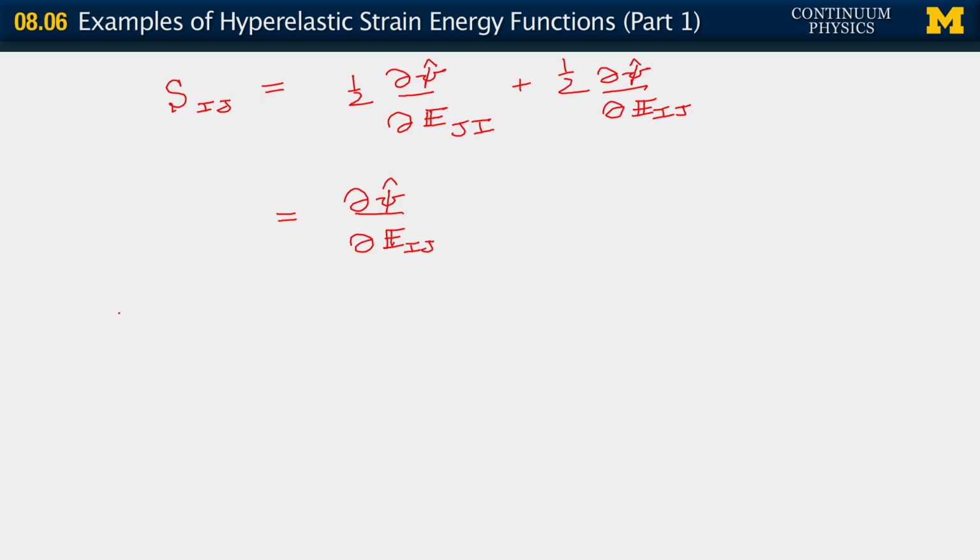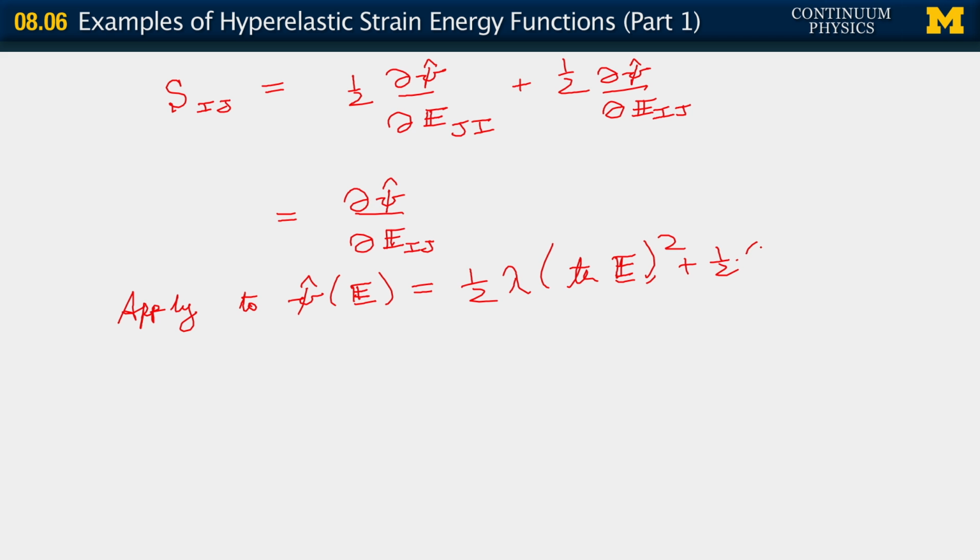Now, if you apply this result to the form that we have for our strain energy function, 1/2 lambda, what is it, trace of E square plus 1/2 times 2 mu times E contracted with E, right? You apply this general result for S to this particular strain energy function.